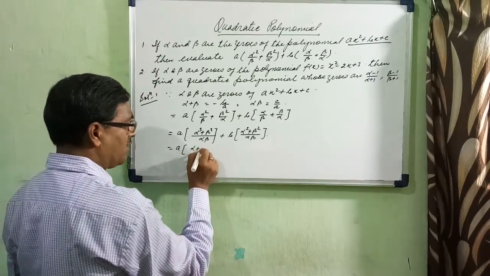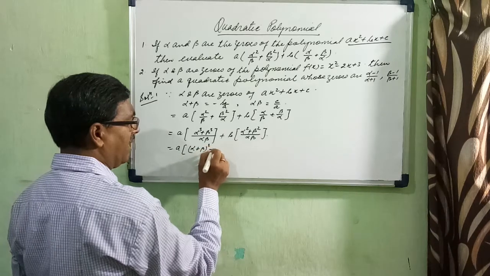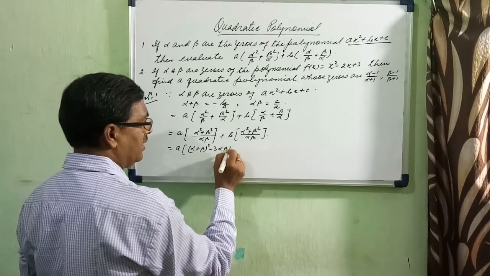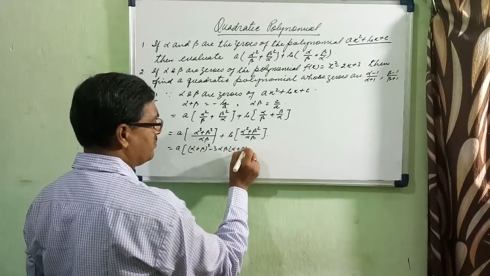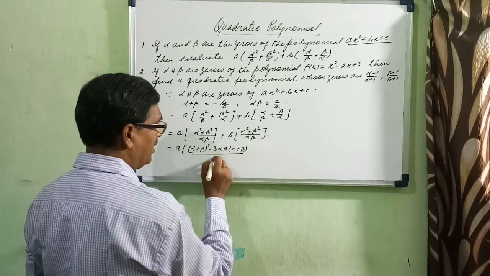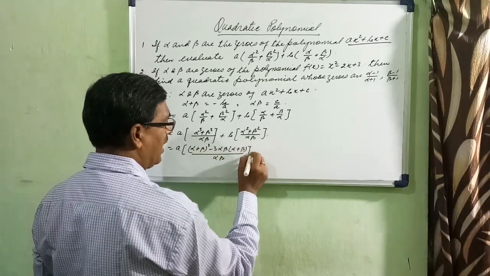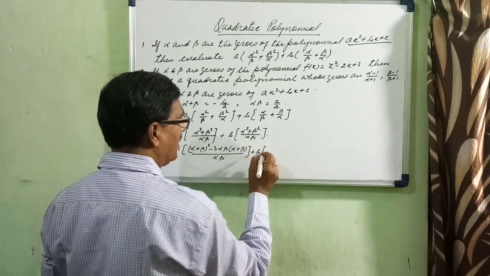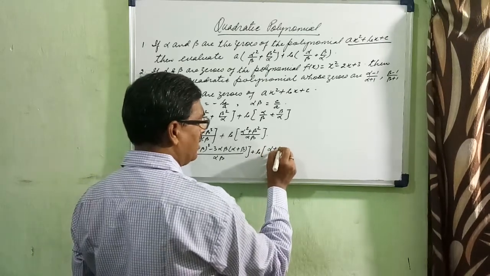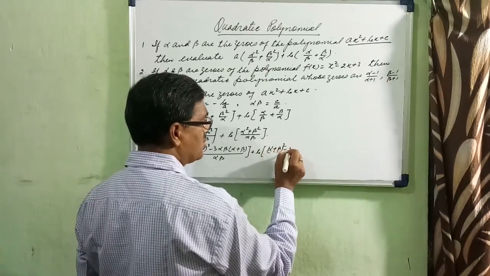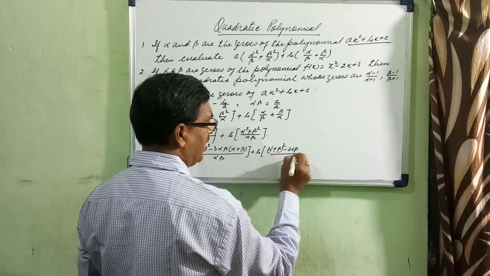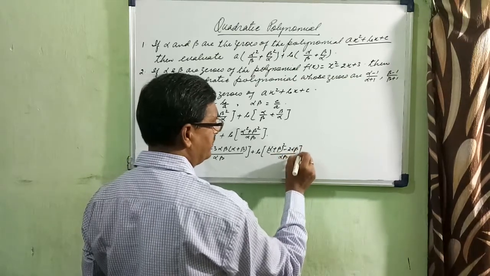Then you know very well the value of a cube plus b cube: alpha plus beta whole cube minus 3 alpha beta into alpha plus beta, divided by alpha beta. And the second will be alpha plus beta whole square minus 2 alpha beta divided by alpha beta.